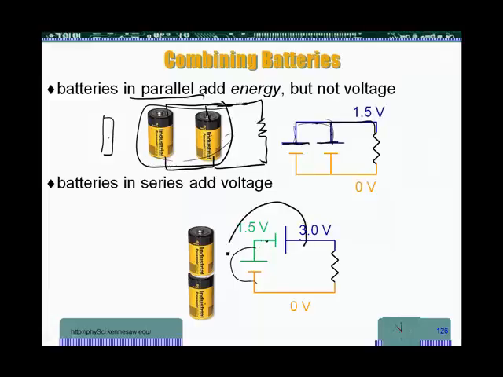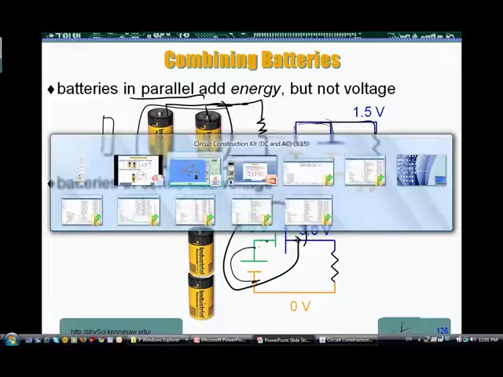So overall to the circuit, from the negative end of the first battery to the positive end of the second battery, I have an electrical potential difference of 3 volts. So when we connect the batteries in series, we are going to have an added voltage.